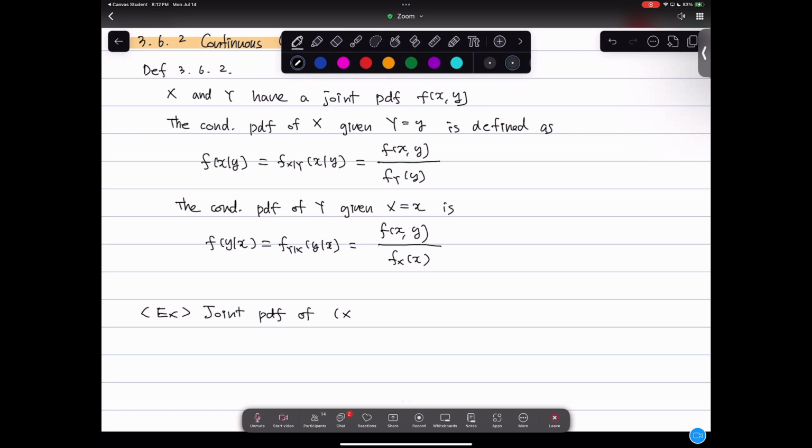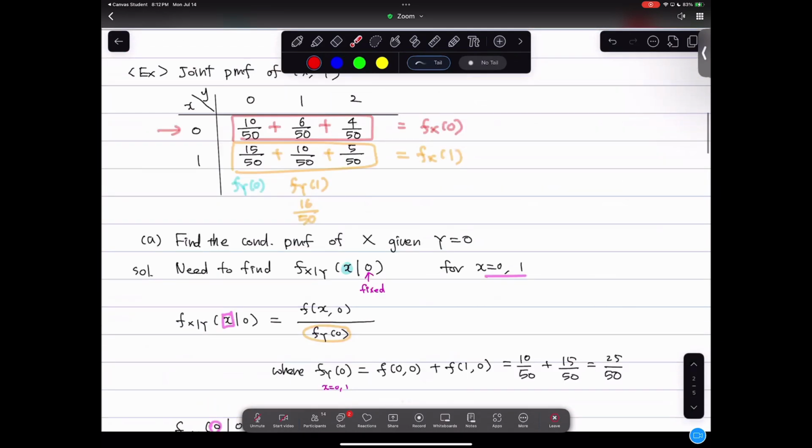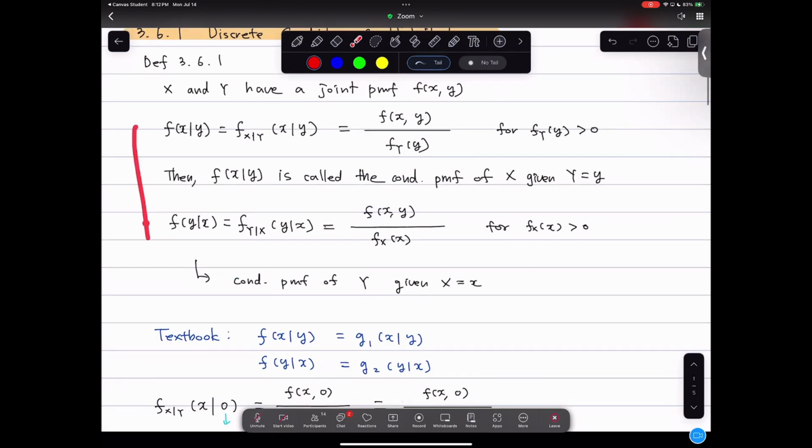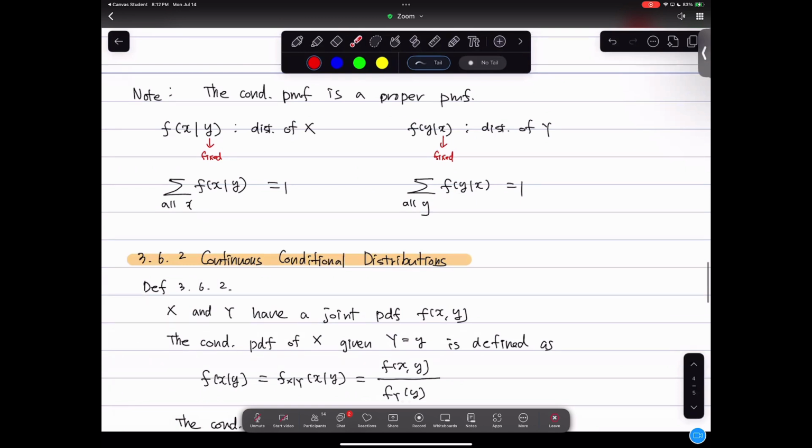Okay, I'm good. So the definition itself is exactly the same as in the discrete case. It's the same thing, but what we have to do is a little different because we don't add anymore.